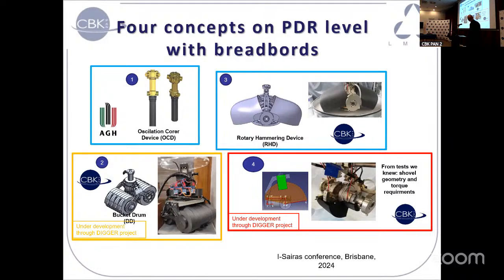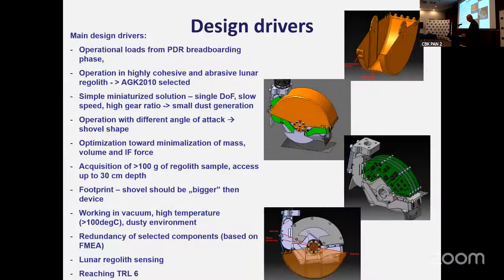The third was a bucket drum for continuous excavation, and the last one, finally selected after the PDR, was the rotary clamshell excavator. So what is the rotary clamshell excavator? It is in principle a device able to move this orange shovel by more or less 180 degrees, and collect the sample.